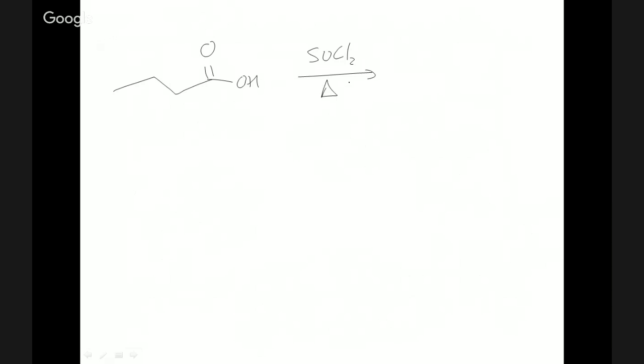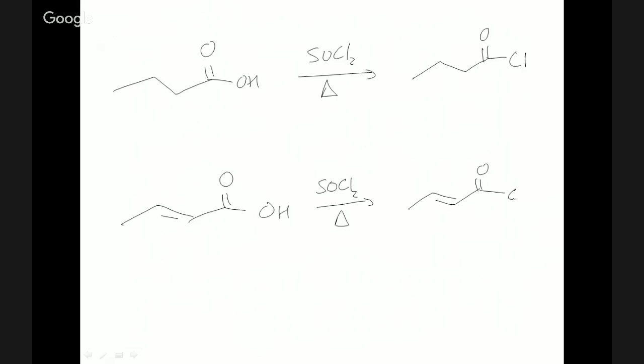That's the triangle, so I'll put that heat there. Give you a couple practice problems. SOCl2 and heat, you're just going to drive off HCl, SO2, and get the acid chloride. And we can have a double bond in there, things like that.